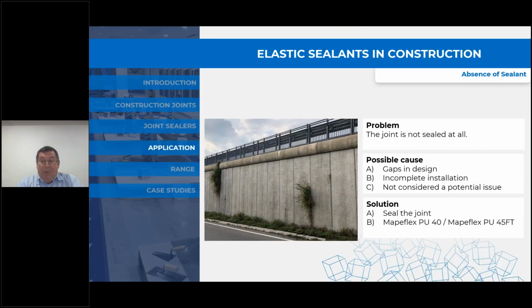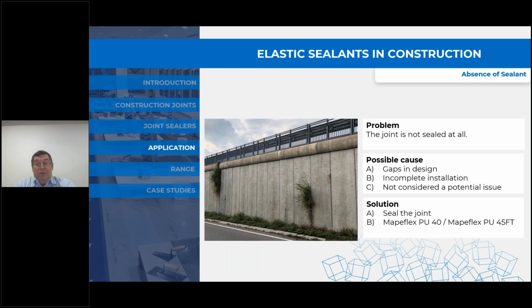Mapei AC and Mapei LM are those. Okay, here's an interesting one. The joint is not sealed at all. So when there's no joint sealant, there's contamination, all sorts of things that can occur. The causes for this are generally gaps in the design that have not been considered. It's an incomplete installation.